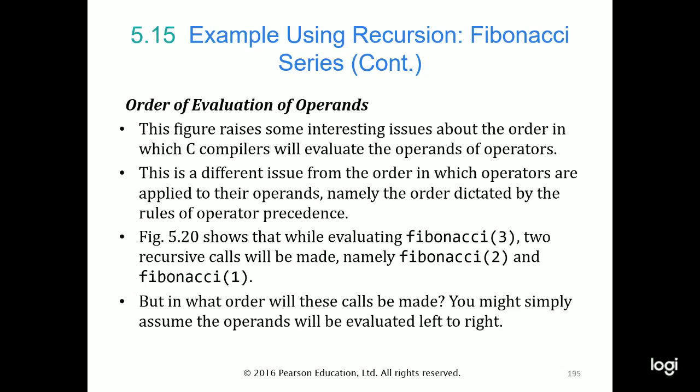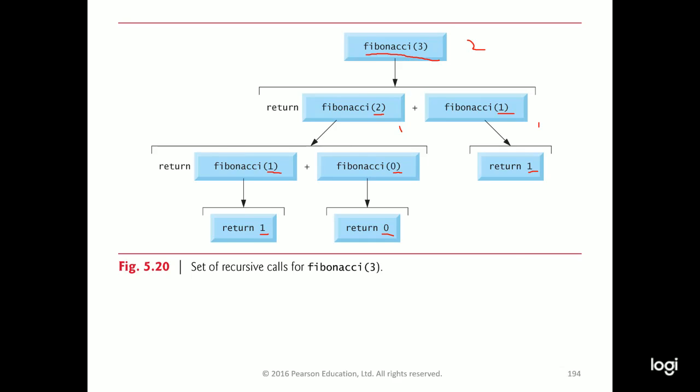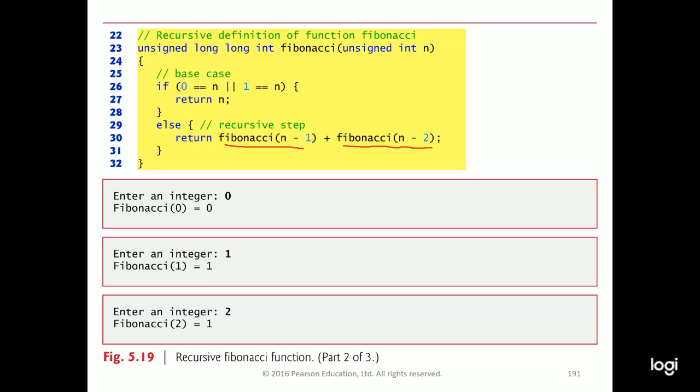Just one more thing. As far as the order of evaluation of these function calls is concerned, while evaluating Fibonacci with an argument of 3, two recursive calls will be made, Fibonacci 2 and Fibonacci 1. Now, in what order will these calls be made? Well, you might assume that Fibonacci 2 comes first, so it's called first, and 1 is later in the expression, so you're going from left to right in this expression.